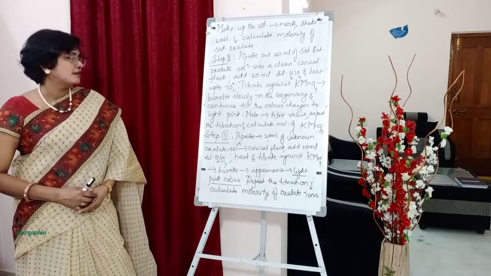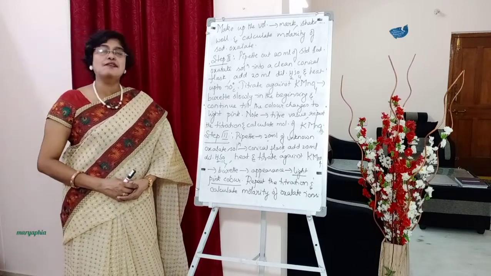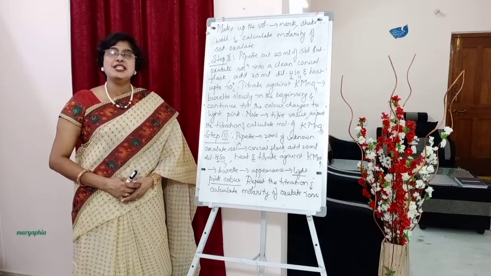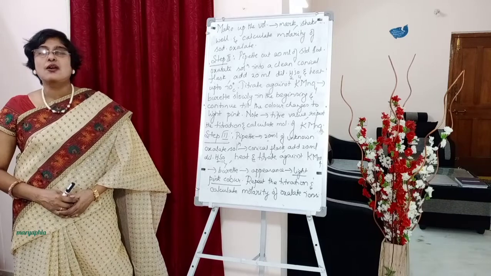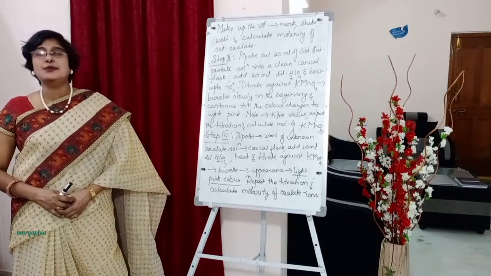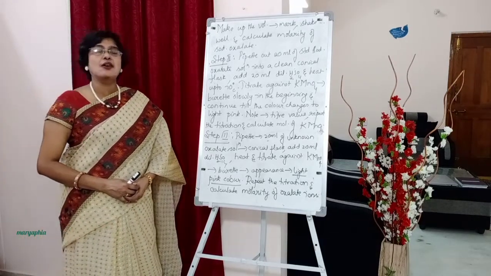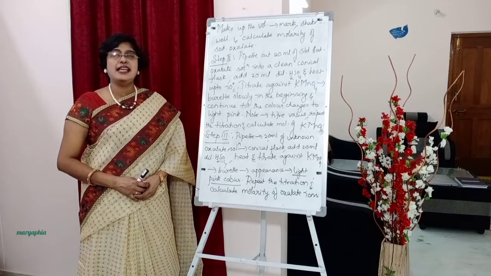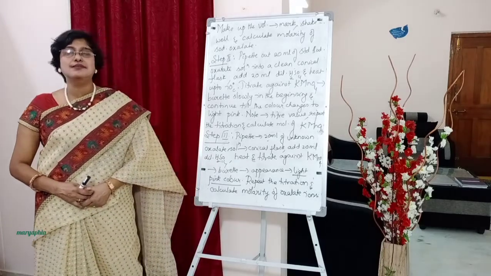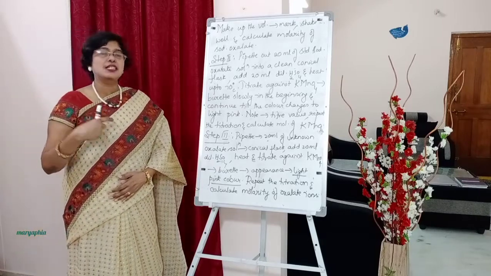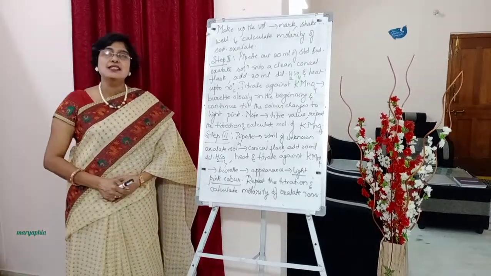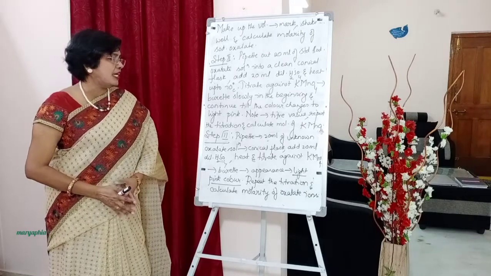Next, step 3. Put the side heading, ma: Estimation of unknown oxalate ions. Underline. So we almost follow the same procedure which we have done in the second step. Write down step 3.